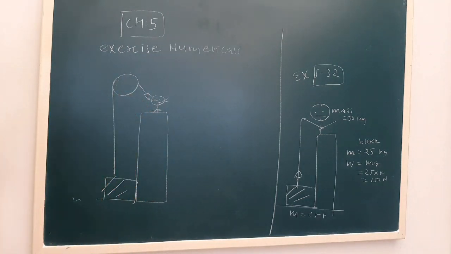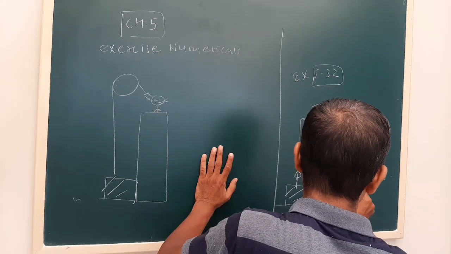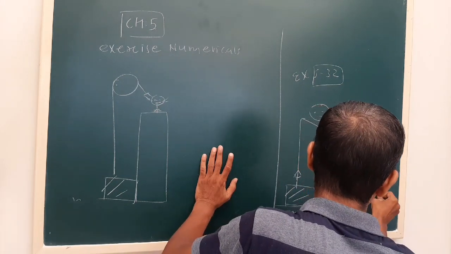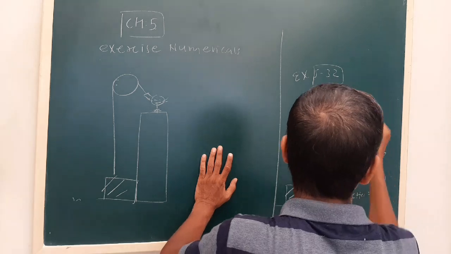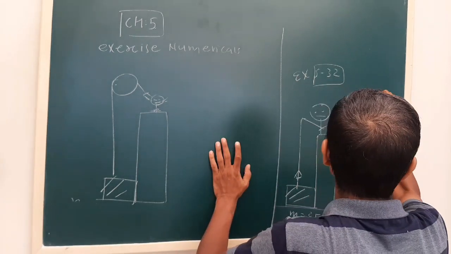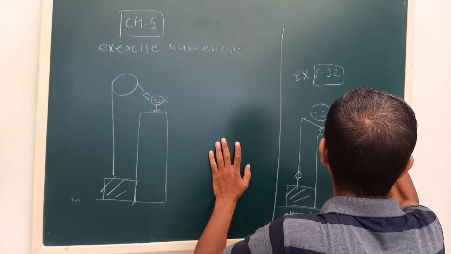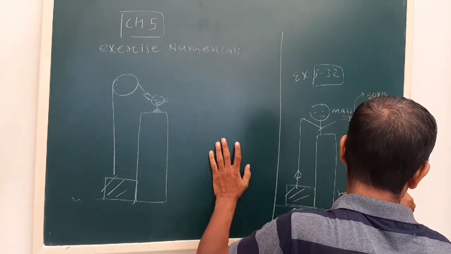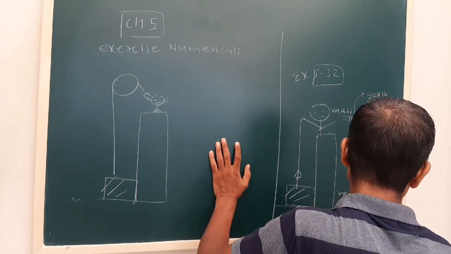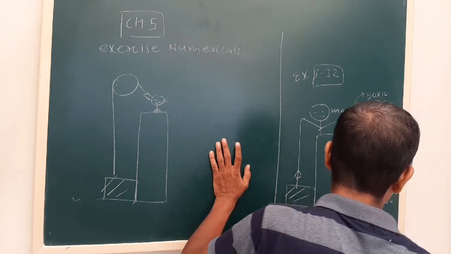The block's weight will be 250 Newton. Mass of the person is 50 kg, so the weight will be 50 into 10, 500 Newton. So the total reaction will be 500 plus 250 Newton.